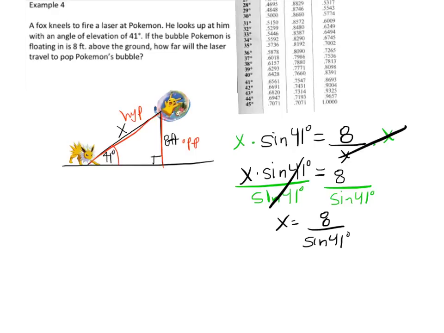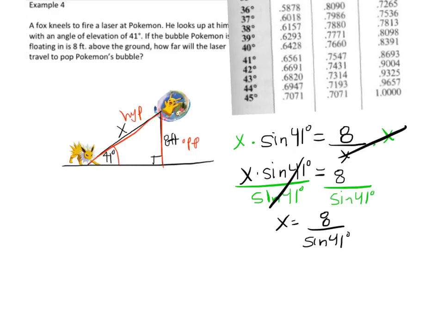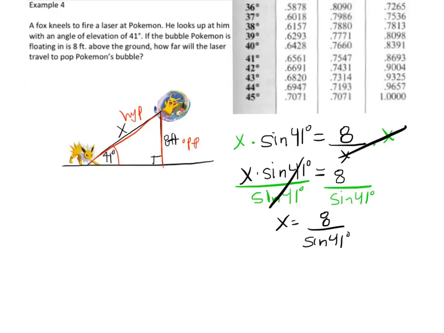I'm going to zoom in on 41 degrees so you can get a closer look. So 41 degrees is right here, and there's the sine right there. So that means if I substitute that value in, here's the math I'm going to have to calculate. 8 divided by 0.6561. All right, you can do this.